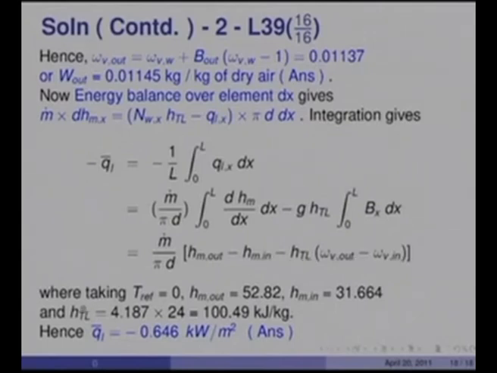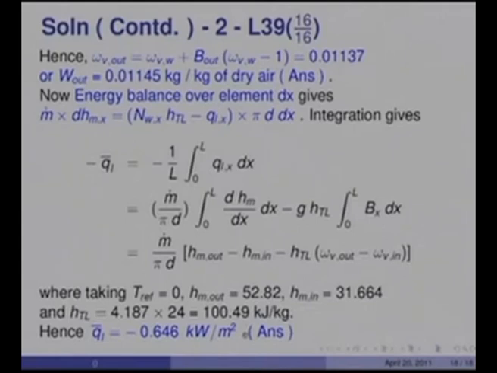And therefore, you will see taking T ref equal to 0, Hm out will work out to 52.82, because we know T out is also 24 degrees centigrade. We already know omega V out, so we can work out Hm out. We can work out Hm in, which is the inlet condition, and HTL is 4.187 into 24, therefore 100.49, and that gives me Q bar L equal to minus 0.646 kilowatts per meter square.